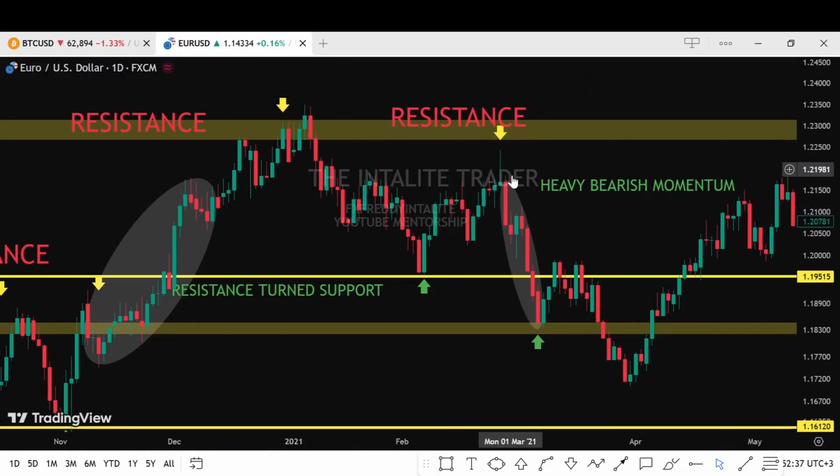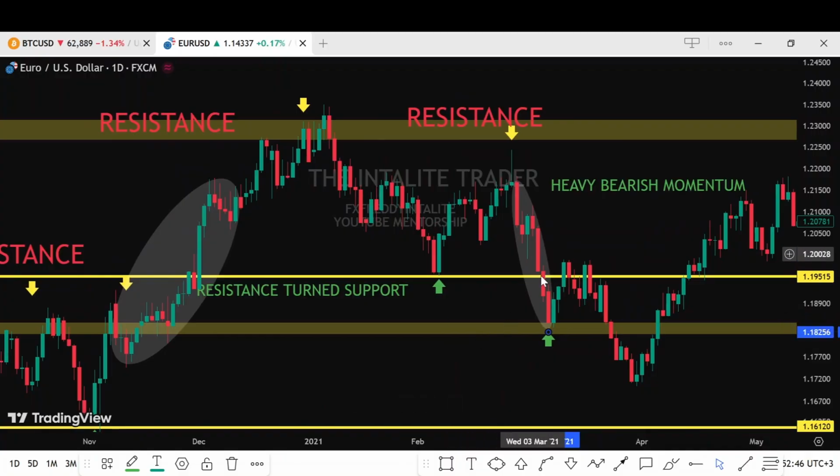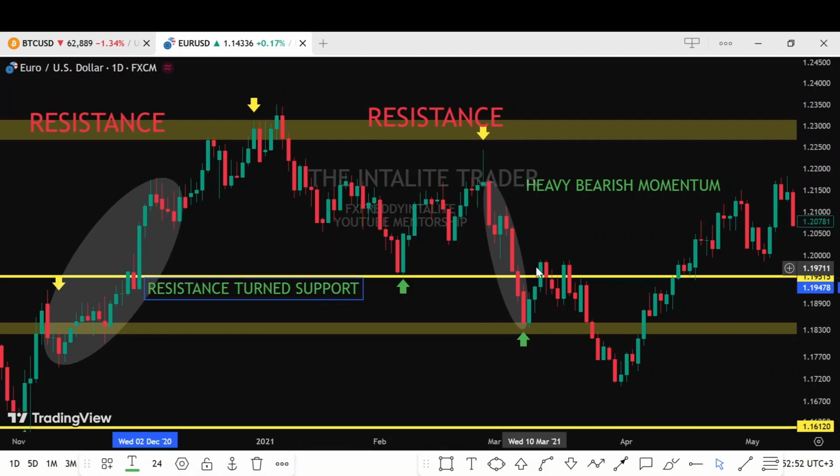Later on, price breaks lower and it finds this level here. If you look at this level, this one becomes our resistance because this is support. So we shall have this acting as resistance. So we have resistance here.